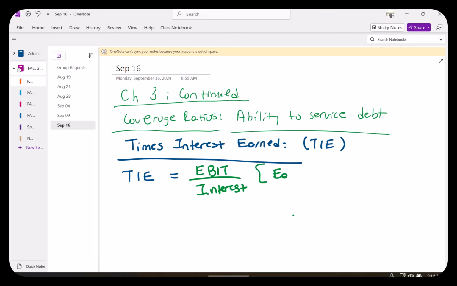This is earnings before interest and taxes. The reason we're looking at earnings before interest and taxes instead of net income or earnings itself, you make the interest payments before you pay any taxes. So before I have to worry about interest and taxes, is the firm making enough money, or what is the extent to which they're making money to cover the interest.